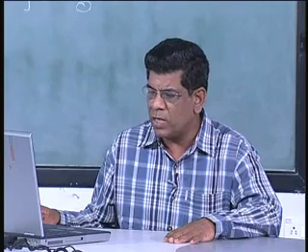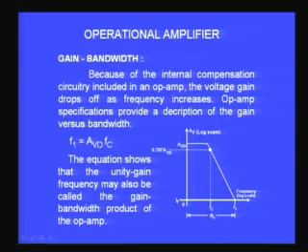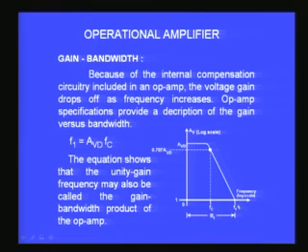Therefore what is shown in the graph is corresponding to a gain 1, when the output is equal to input, the gain factor is 1, then I will get a cutoff frequency almost corresponding to 10 power 6, this f1 corresponding to the b1 is 10 power 6. Therefore the amplifier has a bandwidth of 10 power 6. So it can amplify up to 1 megahertz of frequencies at the input if I compromise and decide to have the gain of the amplifier unity, right.